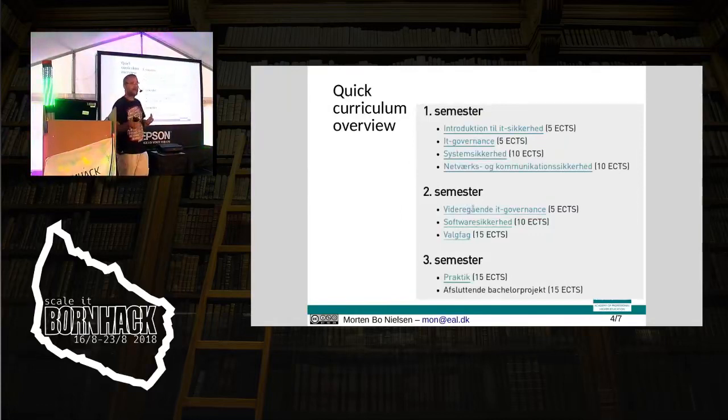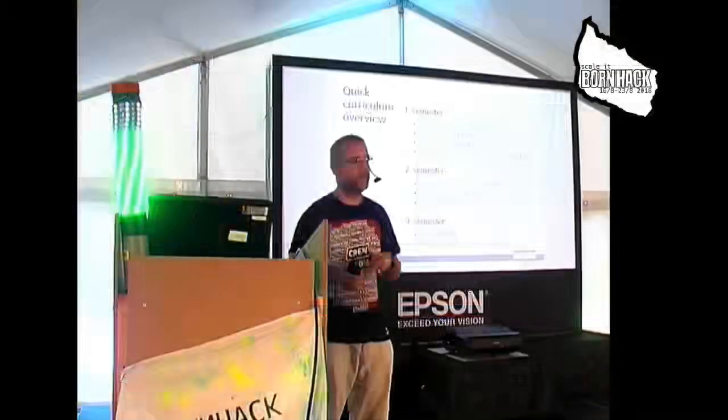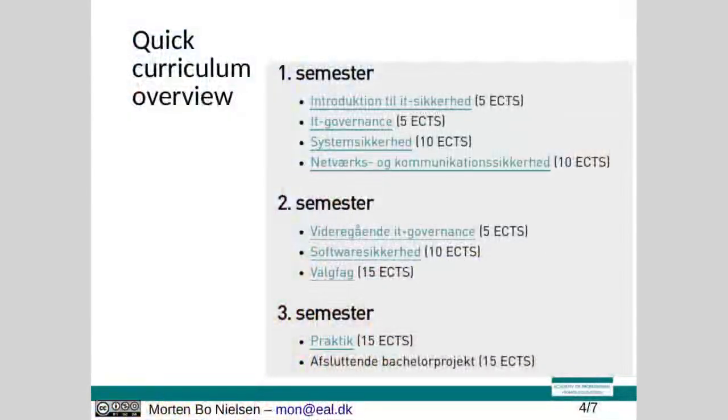As I said, we are starting this up in Odense next year, but it is already running in Odense and Copenhagen. So you should be able to find candidates soon that have this education. Just a quick overview of what they're doing: this is 3 semesters, 90 ECTS points if you're into this world.